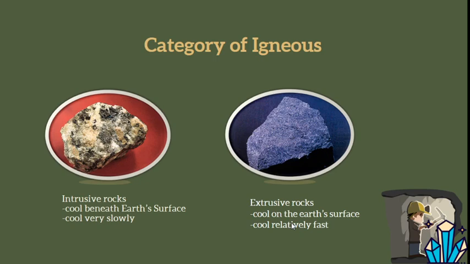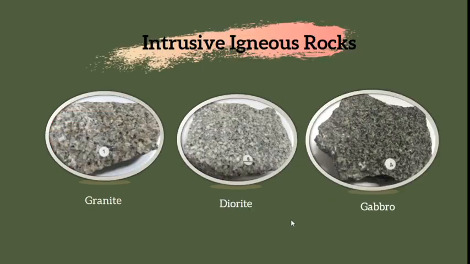When we say intrusive rocks, they cool beneath Earth's surface and they cool very slowly. Okay? Extrusive rocks cool on the Earth's surface and they cool relatively fast. To show you an example, under intrusive igneous rocks, we have granite, diorite, and gabbro.